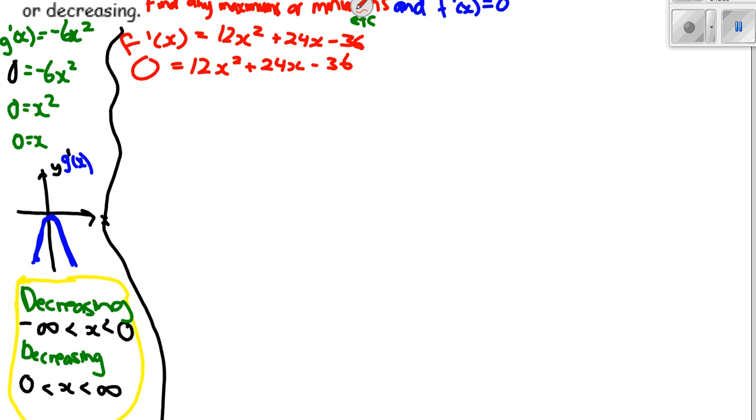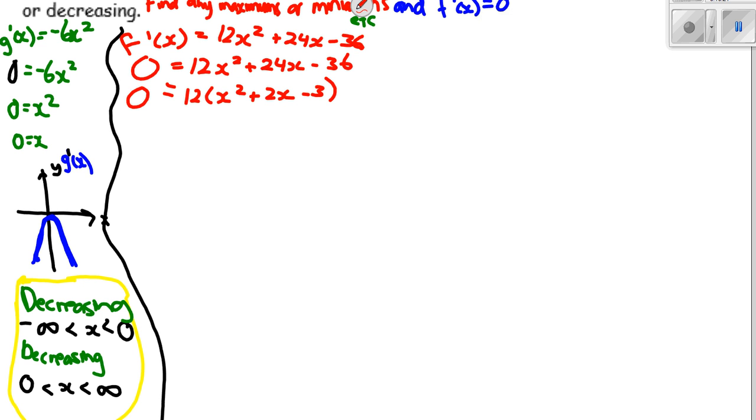I think we should take 12 out as a common factor. 0 equals 12 times x squared plus 2x minus 3.